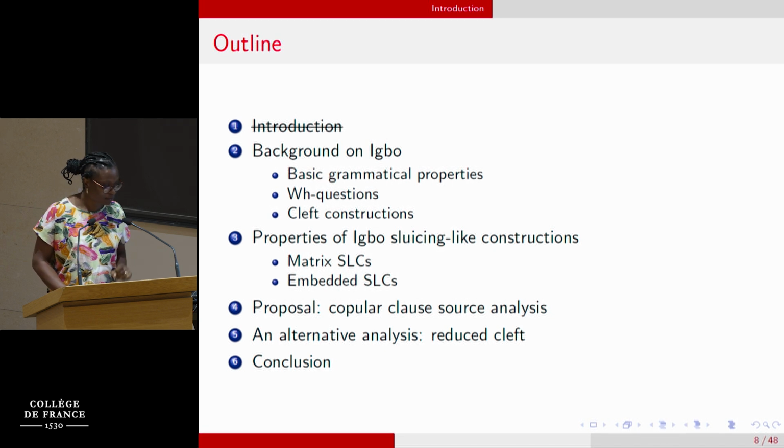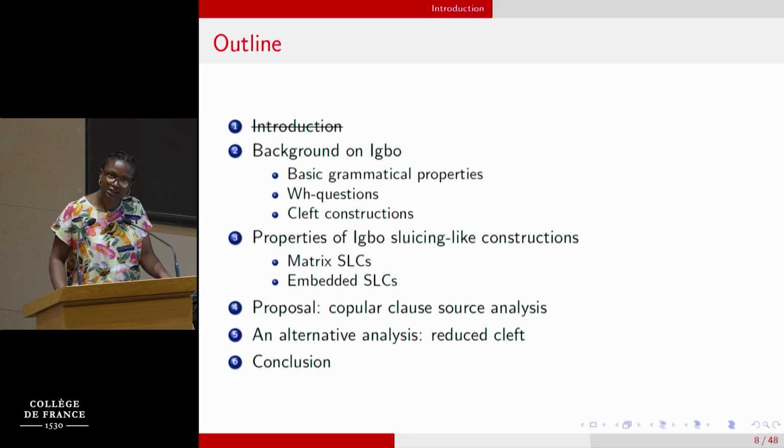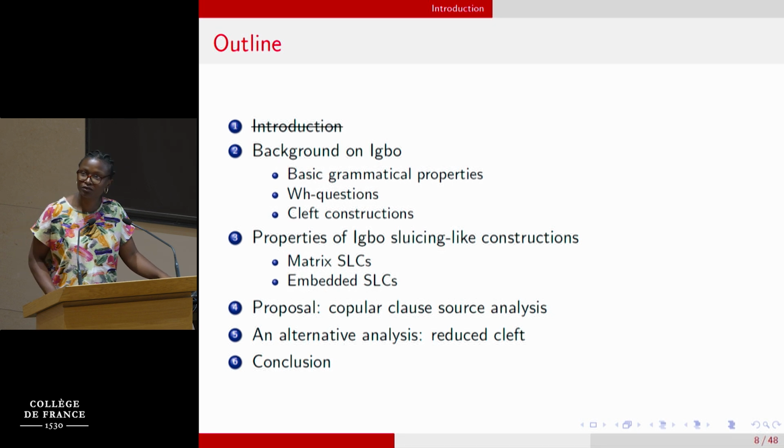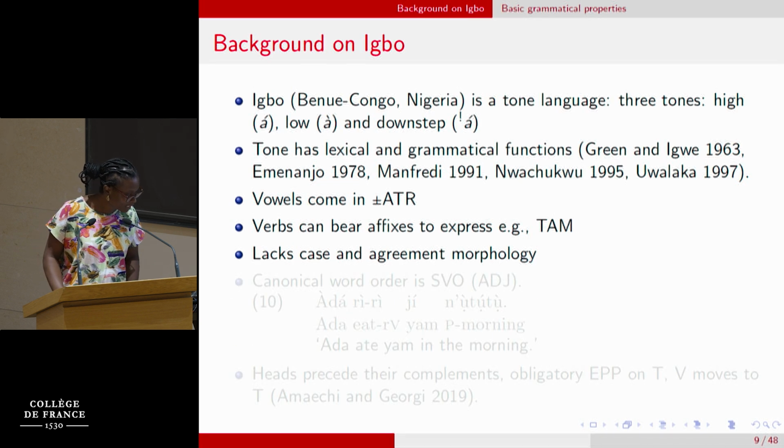And the proposal I'm going to be making here today is that both kinds of sluicing originate from copular clauses. And then I will consider an alternative analysis, that of deriving this from cleft constructions. And I'm going to point out that this will probably not be the best way to go. And finally, I'll draw the conclusion.